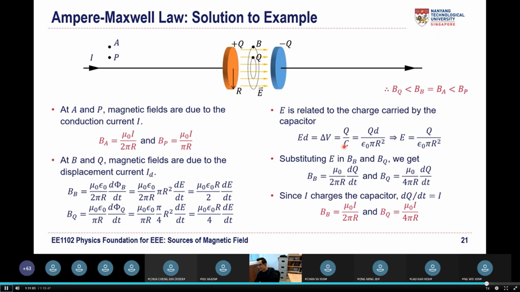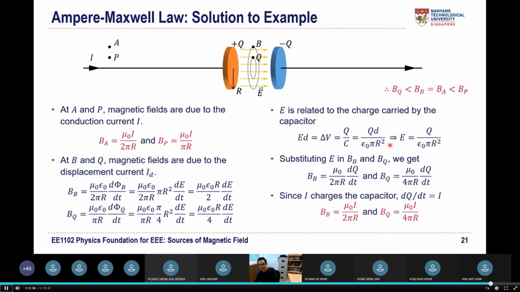And from the definition of capacitance, Q divided by the potential difference delta V, we can substitute this in. The capacitance for two parallel plates is given by epsilon 0 times area divided by D. The area of this capacitor is pi r squared, so I am substituting C with epsilon 0 pi r squared over D, and then I get this.